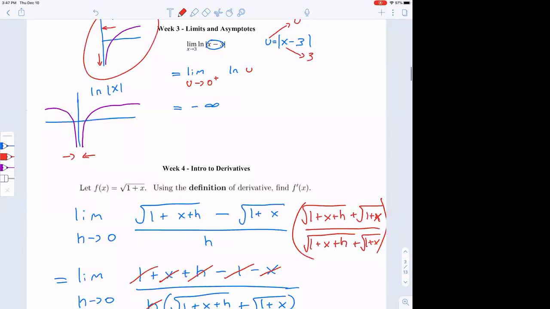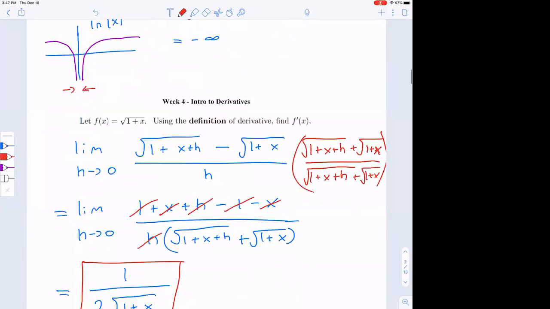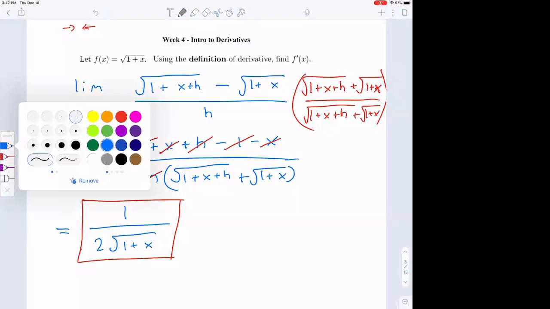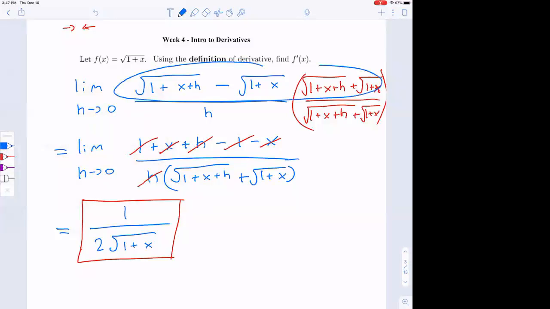Do I have a general rule for getting rid of h? Well, you have to manipulate the numerator somehow so that you have a factor of h. So how is that manipulation done? It does depend on the problem a little bit. It could be that you have to just factor until you factor out an h.